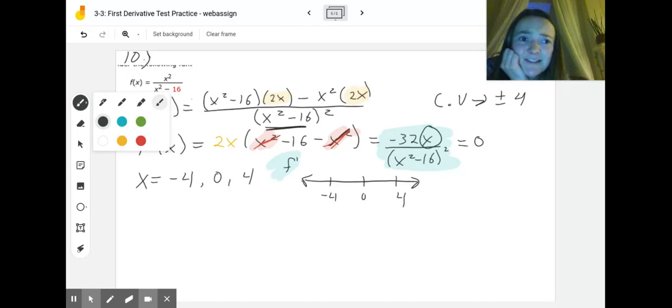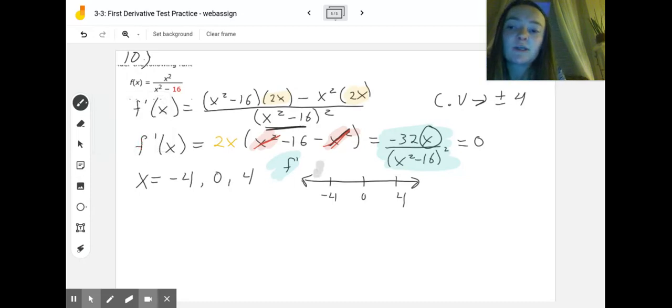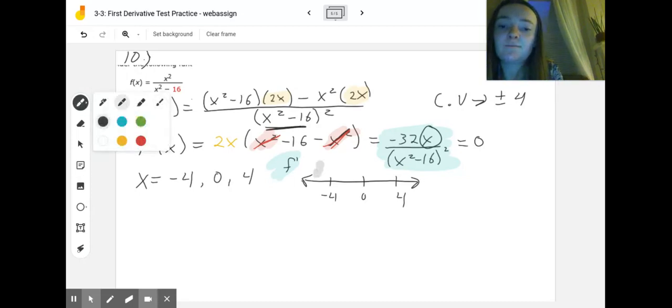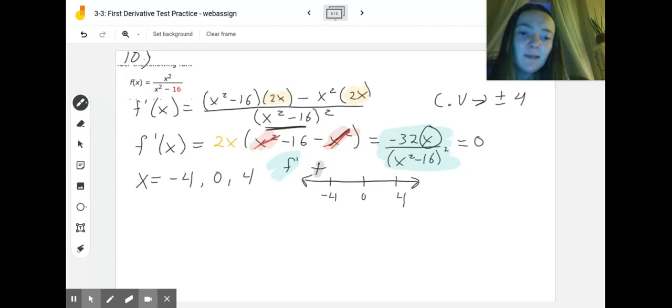Anything in the denominator is going to be positive because I'm squaring it. So it doesn't really matter what I plug into the denominator. I get a positive over a positive, which is positive. If I plug in a number like negative 2, negative 32 times negative 2 is still going to be positive, all over a positive value.